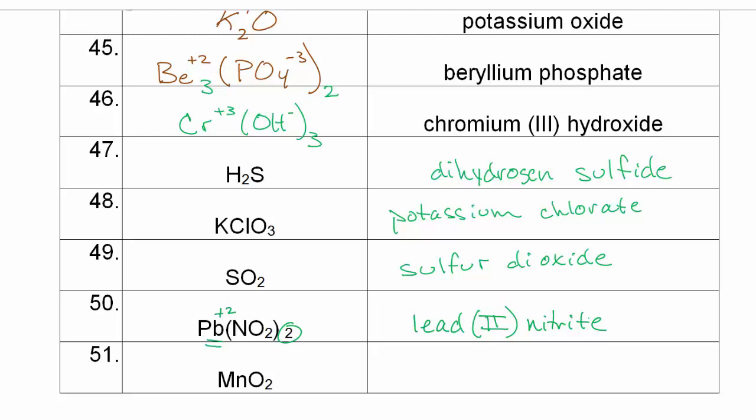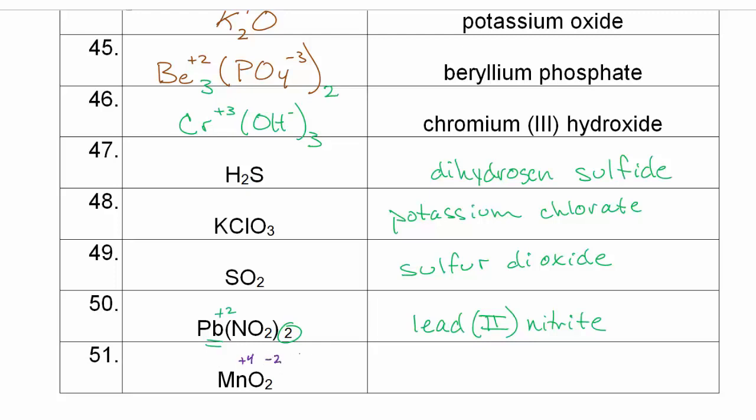Now this is an odd one because oxygen should have a -2. So that means that there should be a 2 here, right? Because oxygen has a -2, but there's nothing there. So something funky is going on here. Let me show you. This has to be a 4.